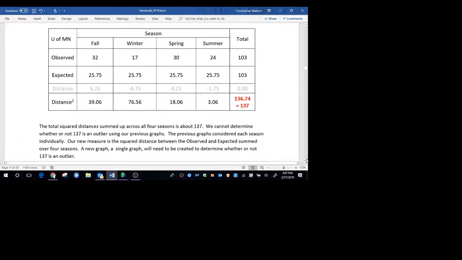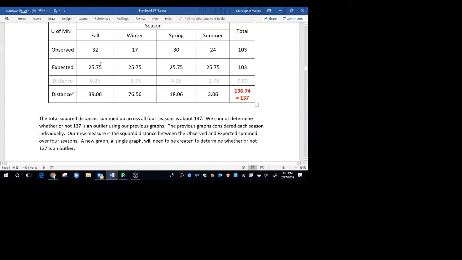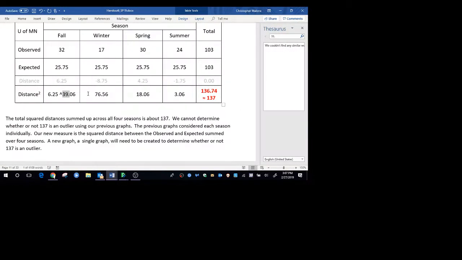So what we actually end up doing here is taking those distances, so the 32 minus the 25.75, that difference is 6.25, but I'm going to square that. That's how we're getting this 39.06. Now for the winter season, I'm going to take that negative 8.75 and square that as well.